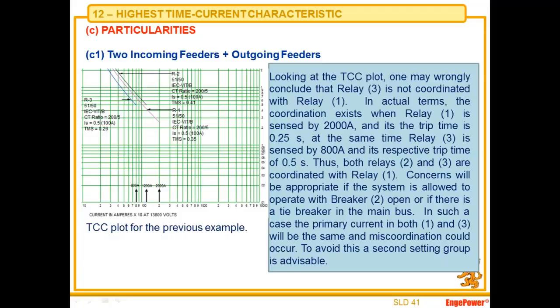In other words, what you see here is not what you get in the practical field, right? Because practically relay 3 will trip after relay 1, and relay 2 also. So sometimes if we put all the relays to see the total current, you could see them completely coordinated. For this reason, when you have tie breakers, you have to provide a second setting group.